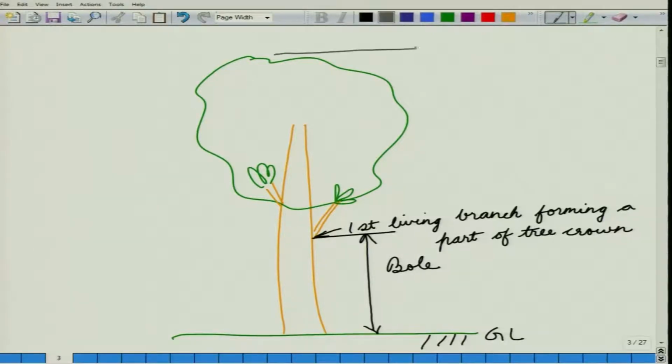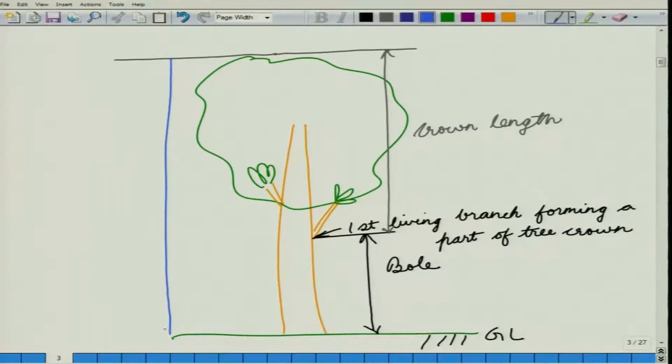This is what is known as the crown. This would be called the crown length. Now, as we have seen previously, this is the total height of the tree. This total height is divided into two portions. One is the bole height, and the second portion is the crown length.